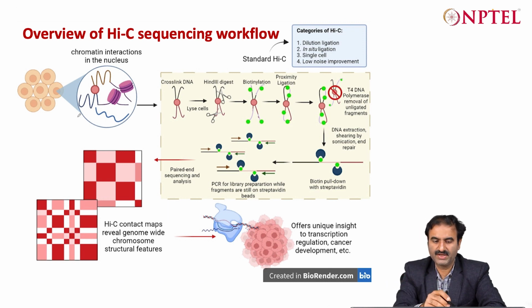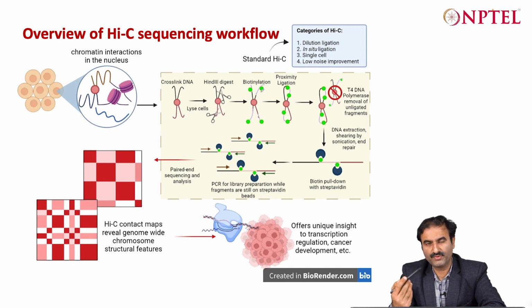Then the cross-linked DNA is lysed by a recommended restriction endonuclease like HindIII, which is a 4-base cutter. Then the regions are biotinylated, because later you are going to do a biotin-streptavidin pull down technique.